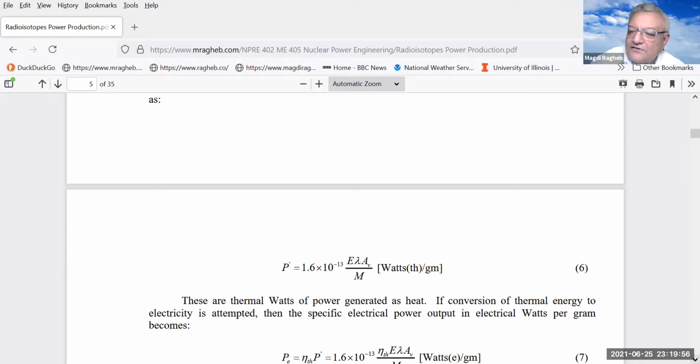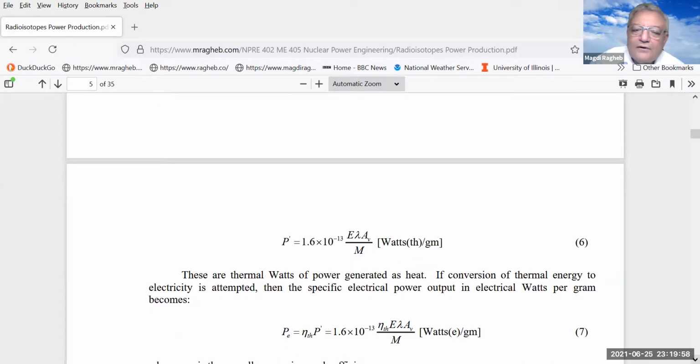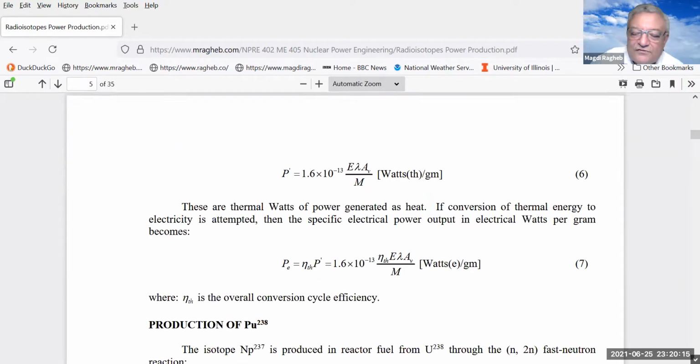And the cooling itself can transform our thermal energy into electrical energy if we multiply that P prime by the overall thermal efficiency of whatever process you are using to convert heat into electricity, then you add watts E per gram.